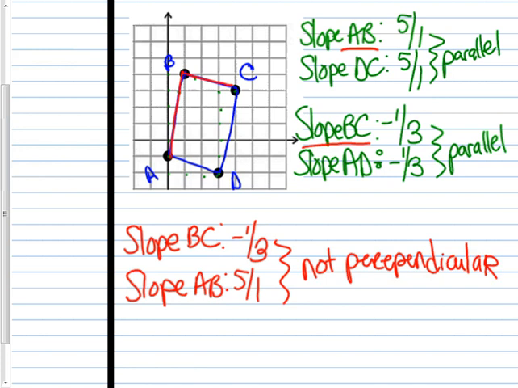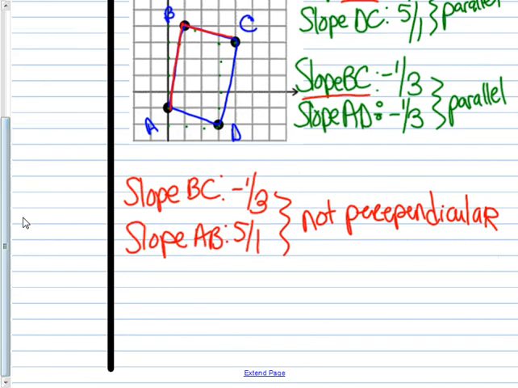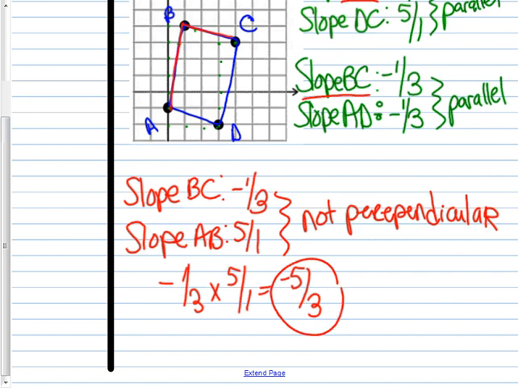And I can even test it by multiplying them. Negative 1 over 3 times 5 over 1 equals negative 5 over 3, which is not negative 1. So again, they are not perpendicular. Since they're not perpendicular, this means that there are not right angles, it's not a square, it's not a rectangle, and we can tell looking at it that the sides are not the same size because it's on a coordinate grid.